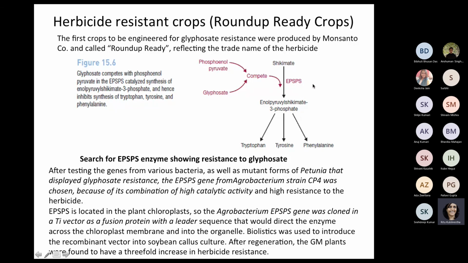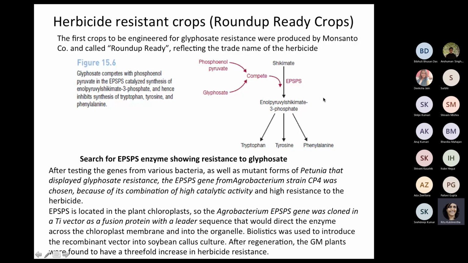EPSP stands for enol, P for pyruvyl, then shikimate, and then phosphate, and the last S comes from synthase. So this enzyme converts shikimate to this, and these are then converted to three very important amino acids: tryptophan, tyrosine, and phenylalanine.